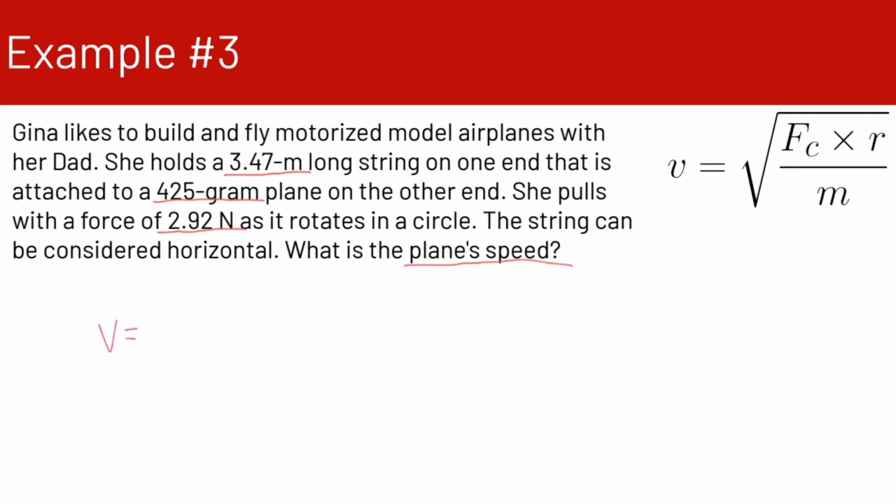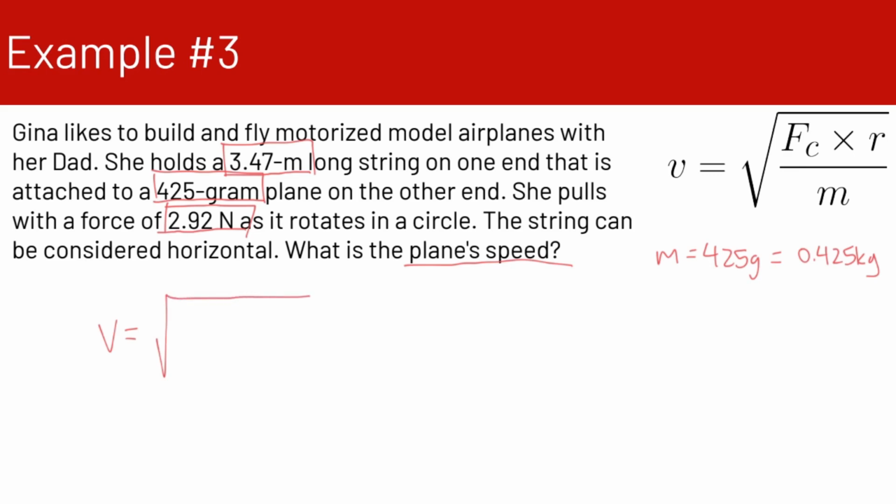We have the force, 2.92 newtons, the radius, 3.47 meters, and the mass, 425 grams. We convert that: mass is equal to 425 grams, which is equal to 0.425 kilograms.